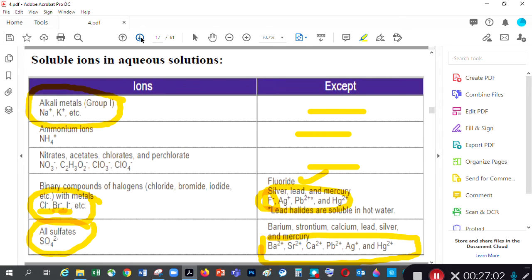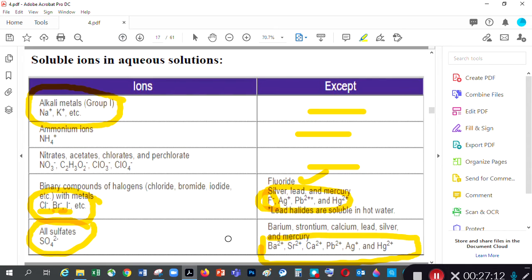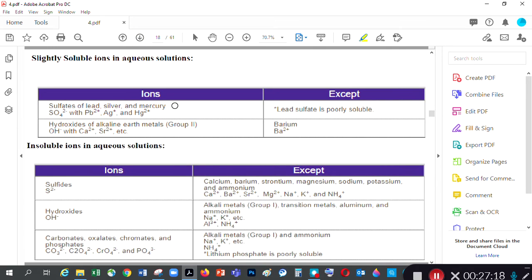Let's go further and look at the table. Slightly soluble ions in aqueous solution. Well, it turns out to be whatever we said before, correct? If you look at the exception here, that's the exception of the sulfate. It comes back, showing up in the table. So here it is, the sulfate of lead, silver, and mercury.